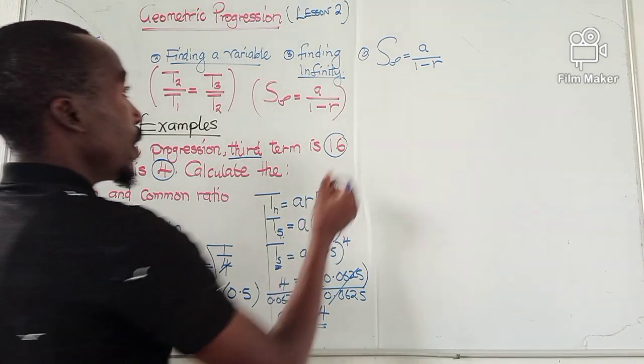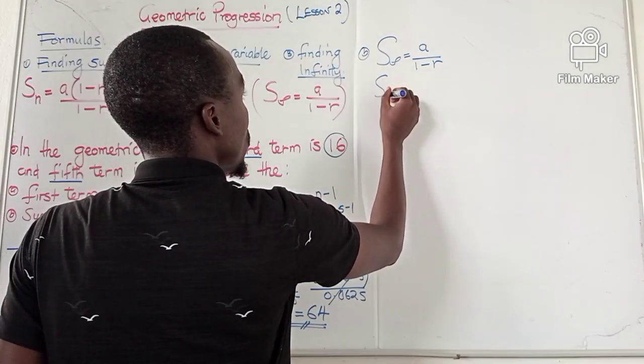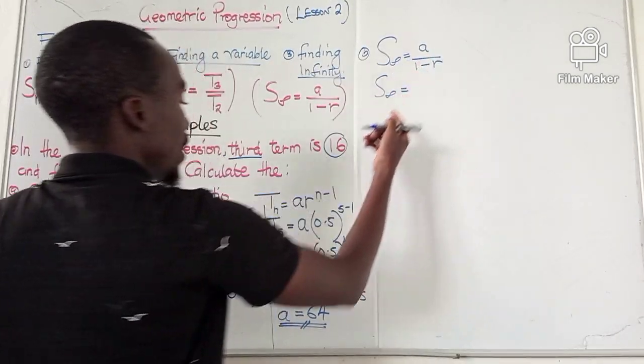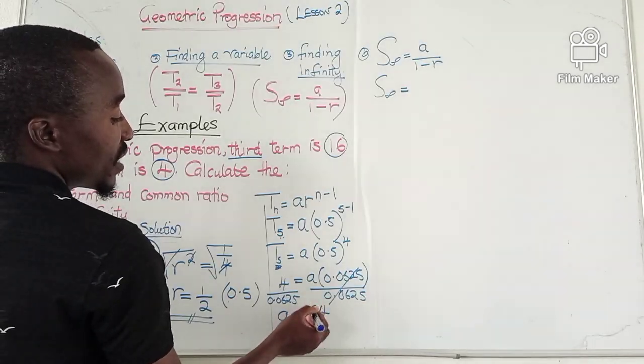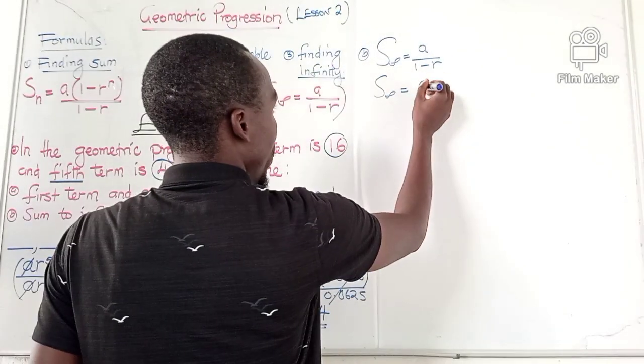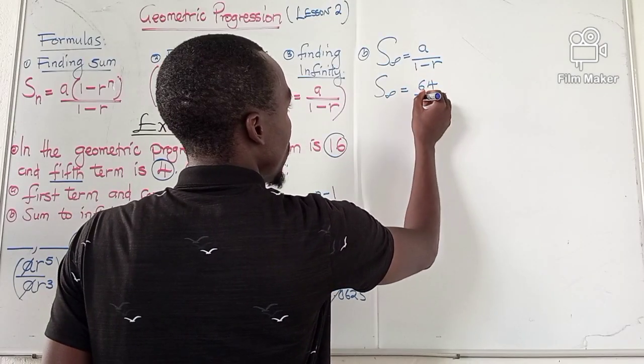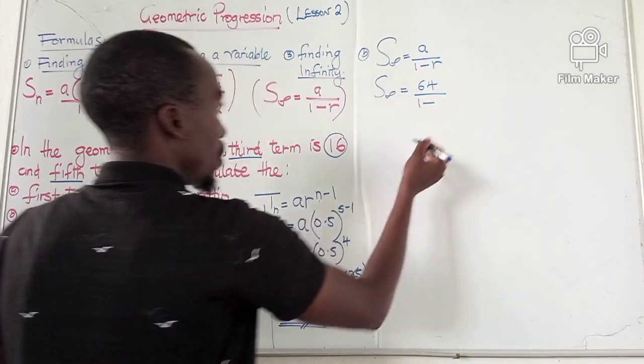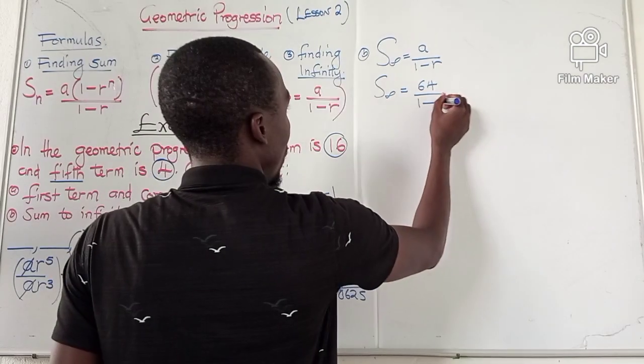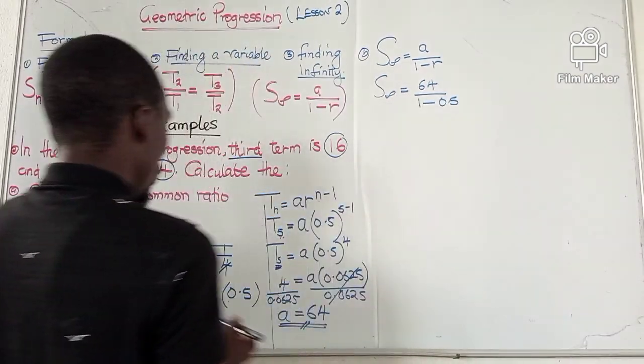A stands for first term. The first term that we have found here is 64. So we put 64 over 1 minus our common ratio, which is 0.5 or 1 over 2.